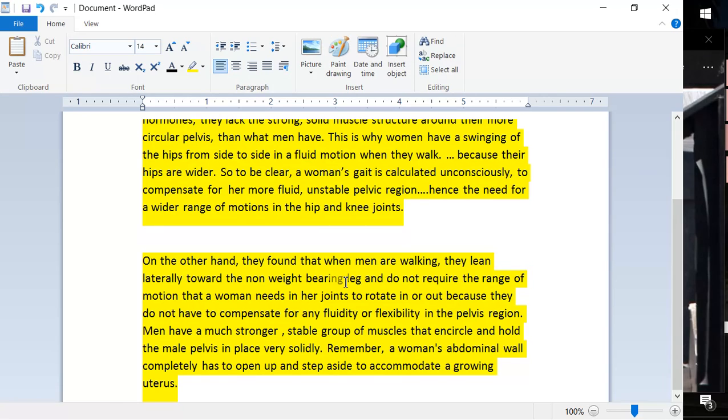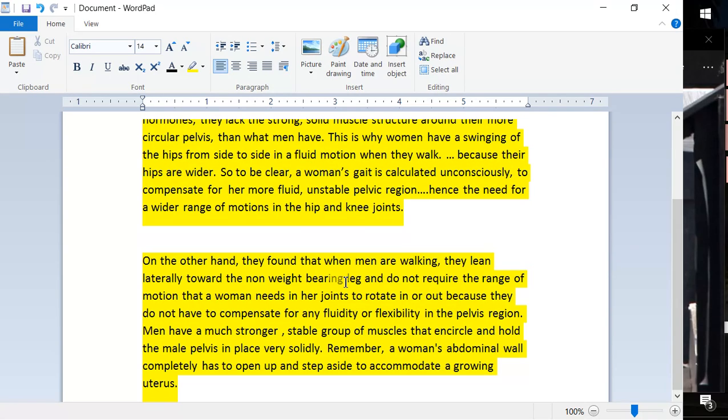Because of that, the pelvis of a man is much more stable than that of a woman. Now the hip joints of a man are lateral in the body. That means it's straight up and down. Because the female pelvis is tilted forward, the hip joints are a little bit angled out towards the back.